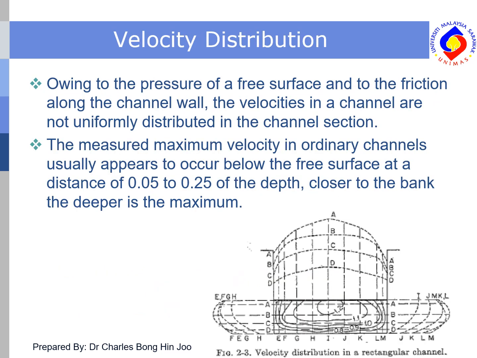As for velocity distribution, the maximum velocity occurs near the free surface of the flow, while the minimum velocity occurs closer to the bank of the river or, for a man-made channel, near the side wall and also the bottom of the channel.